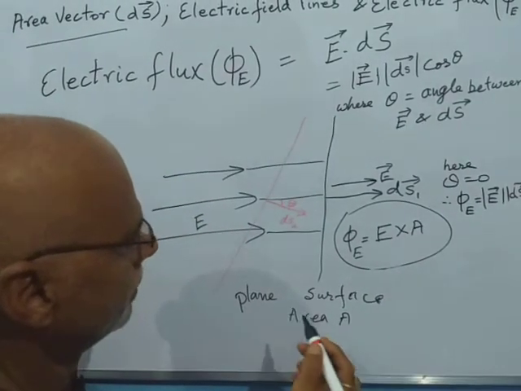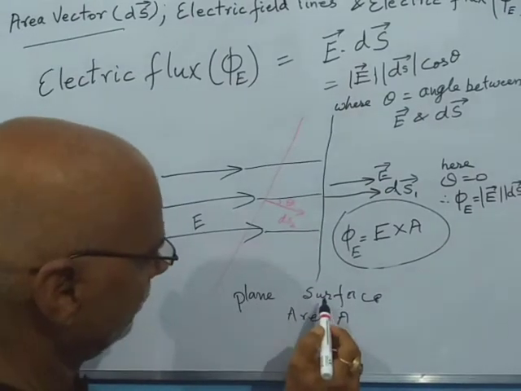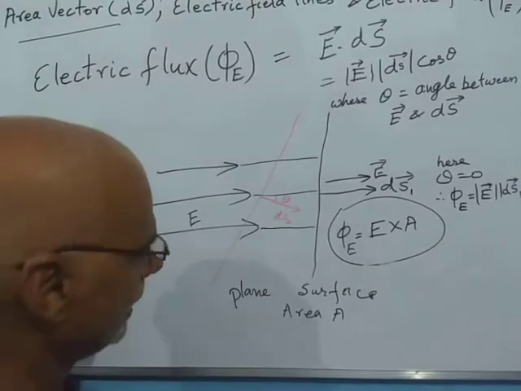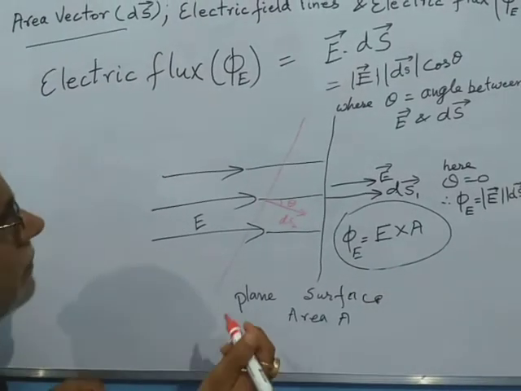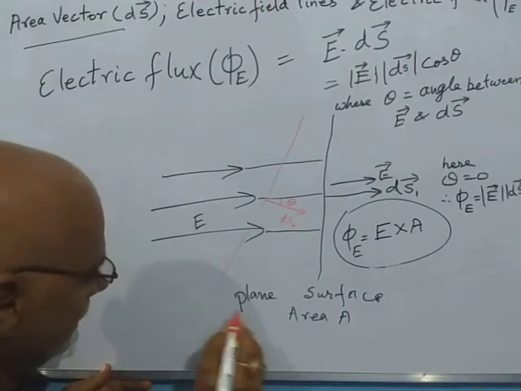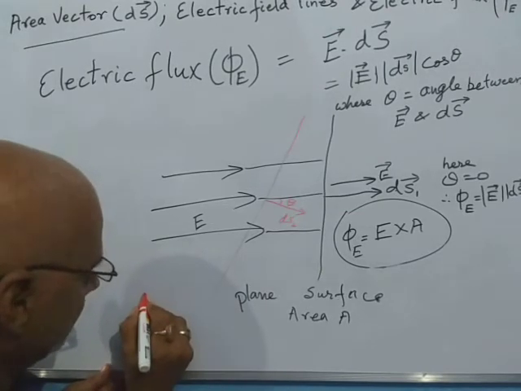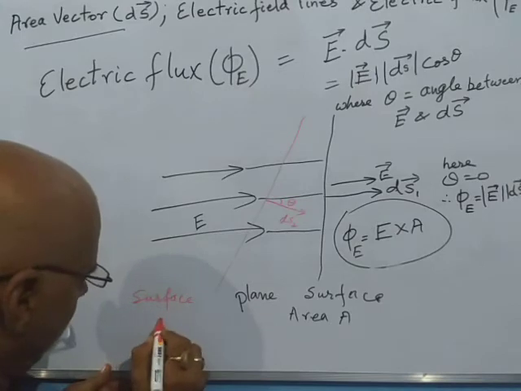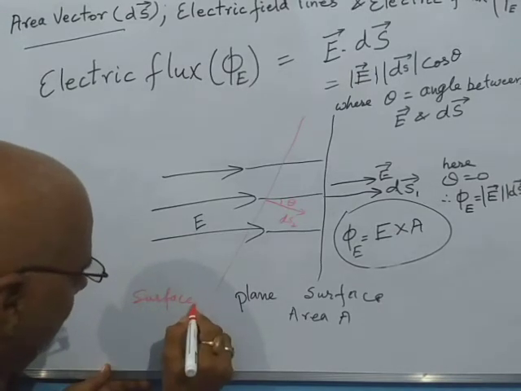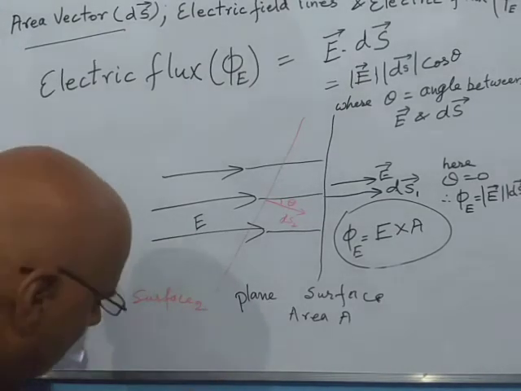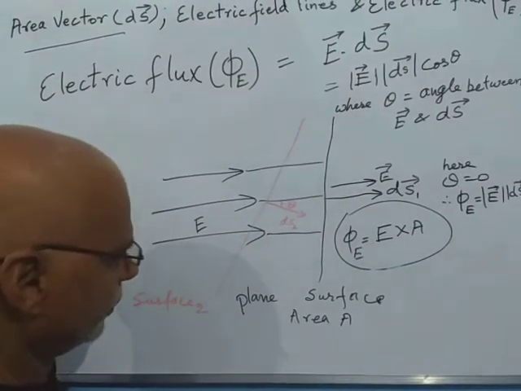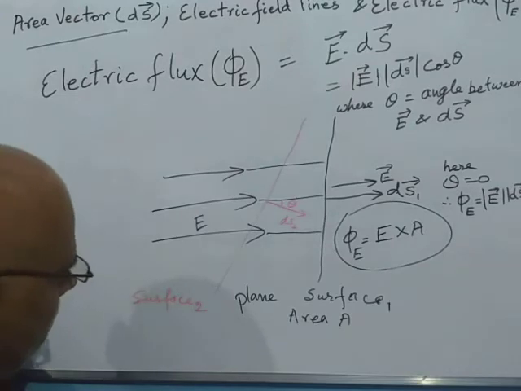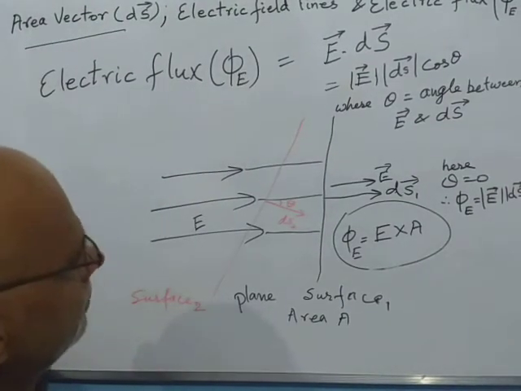So we have maximum flux associated with the first surface, and with the second surface we have less electric flux. Let that be surface 2, and this surface 1.